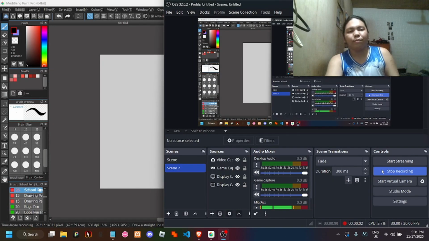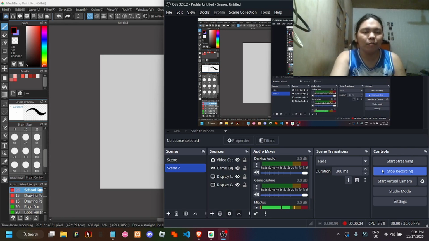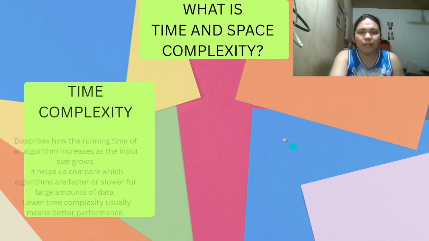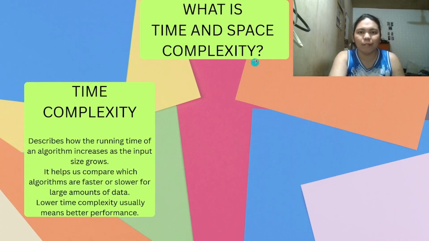So now it's time for time and space complexity and big O notation. Let's go back to our presentation. Next page. What is time complexity? Complexity describes how the running time of an algorithm increases as the input size grows.